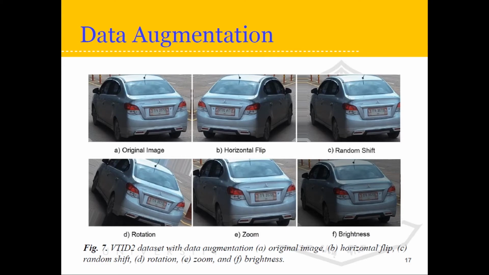After creating the VTID2 dataset, we add 5 data augmentations to that dataset to create more data for the experiment. As a result, we have 5 more sets of training data: VTID2 horizontal flip, VTID2 random shift, VTID2 rotation, VTID2 zoom, and VTID2 brightness.